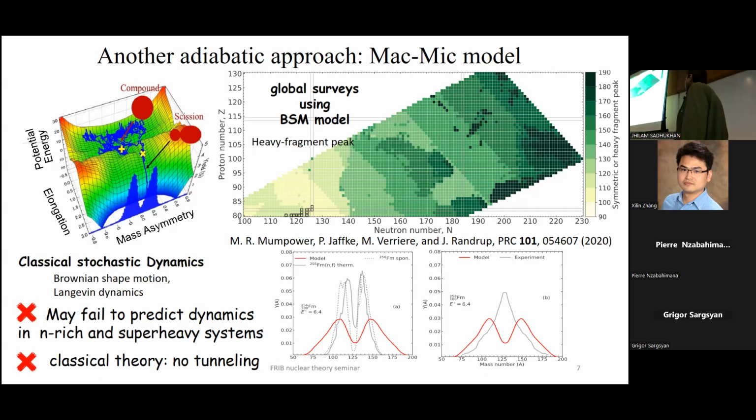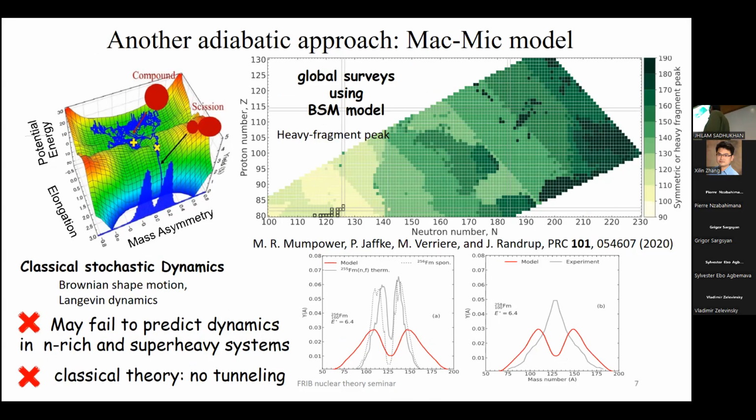So we can see there are large deviations if we go to very heavy systems. This is because these interactions are mainly optimized for stable systems and very neutron-rich systems, which are of interest for our process calculation. Then this type of theory may fail. Also, this is a classical theory, so we cannot have a tunneling picture inside.